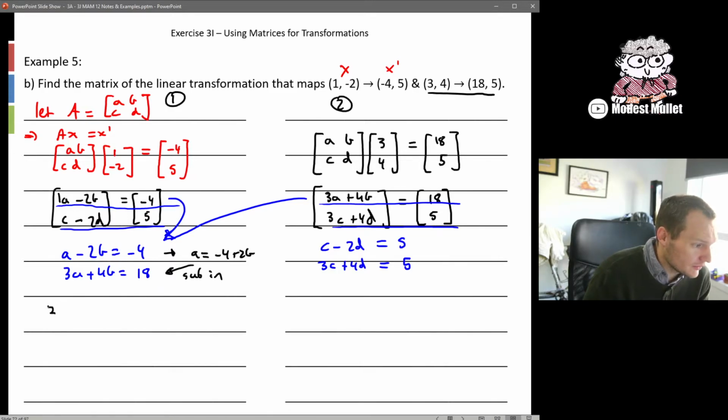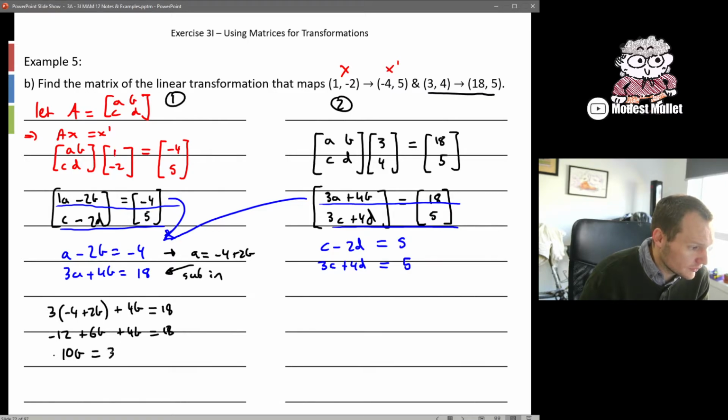So I'm left with 3 bracket -4 plus 2b plus the original 4b is equal to 18, -12 plus 6b plus 4b, 18. So I get 10b is equal to 30, so b is equal to 3.